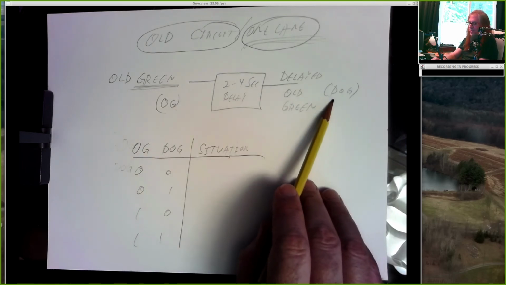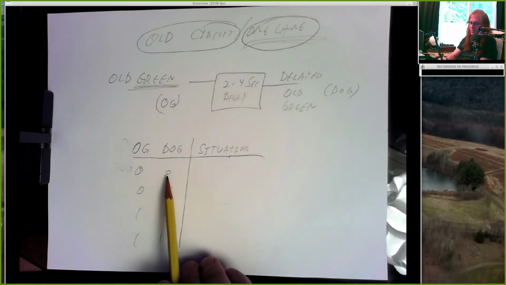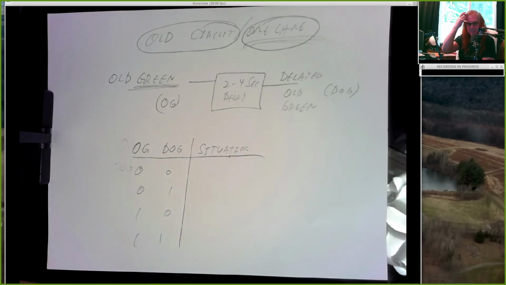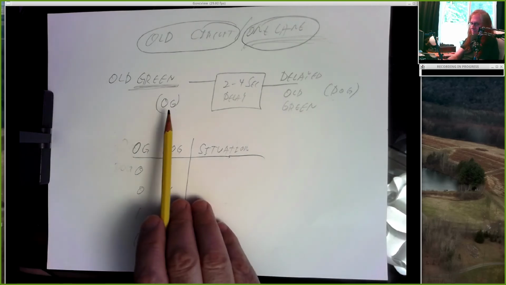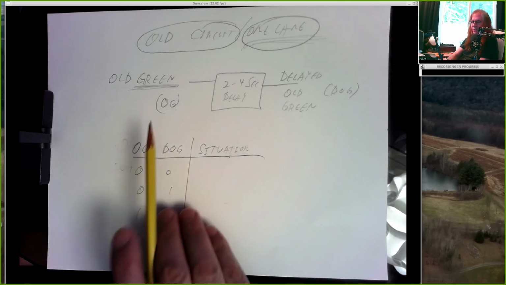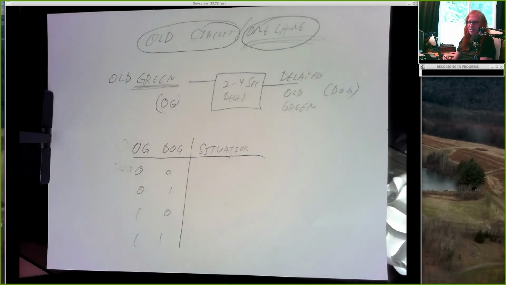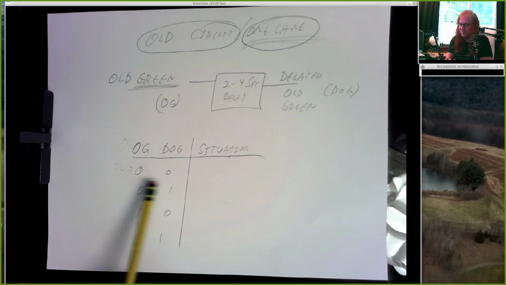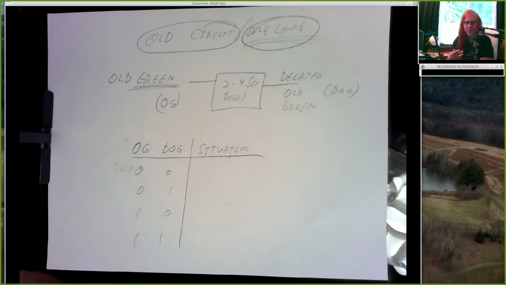And suppose the delayed old green signal is also a 0. So if the circuit from your old lab has a 0 going out to the green light, that car does not have permission to go right now. And if that signal 2 seconds ago was also a 0, the car did not have permission to go 2 seconds ago.